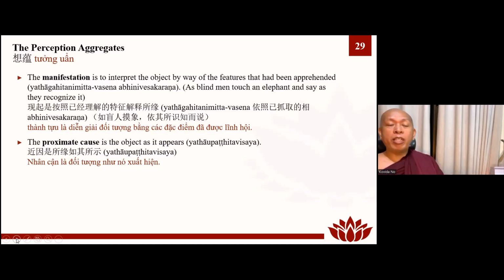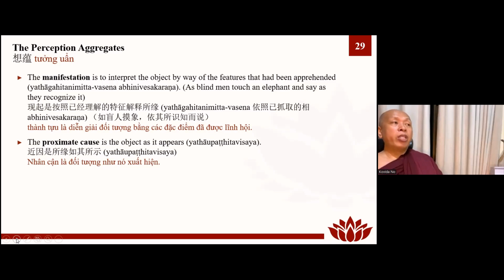Then some of them touch the body, it is like a wall. So this is our perception. As we remember, as we mark in our minds, it will appear. The proximate cause is the object as it appears. These are the characteristic, function, manifestation, and proximate cause of perception.